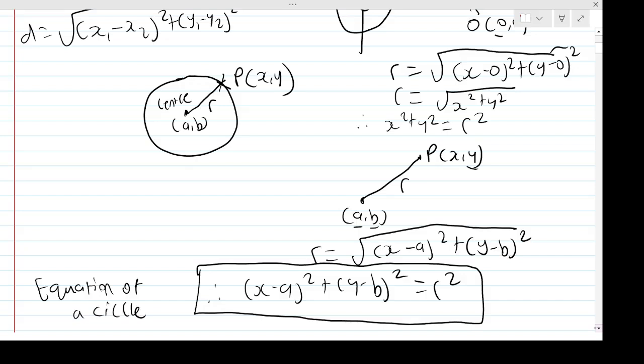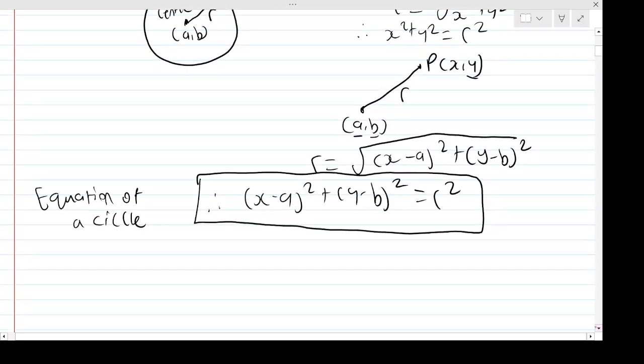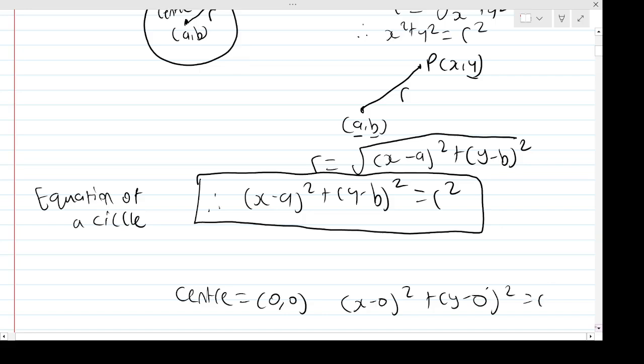This holds for absolutely any centre now whatsoever. It doesn't have to be at the origin. We can get the origin formula if we just take the centre to be (0, 0), and therefore a would be 0 and b would be 0. If we substitute that in, we would get x minus 0 all squared add y minus 0 all squared equals r squared, and therefore simply x squared and y squared equals r squared.